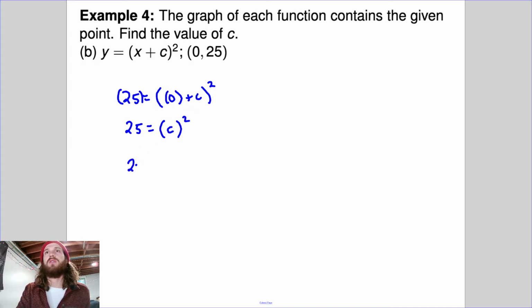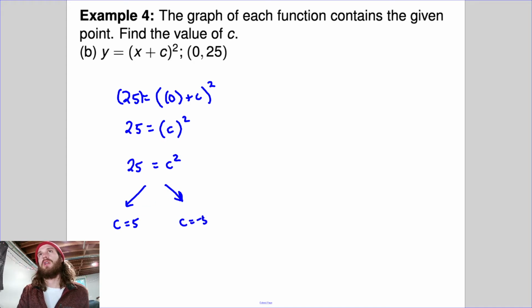So we know that 25 equals c squared. So what number times itself is 25? In this case, there are two solutions. One of them is c equals 5. One of them is c equals -5.